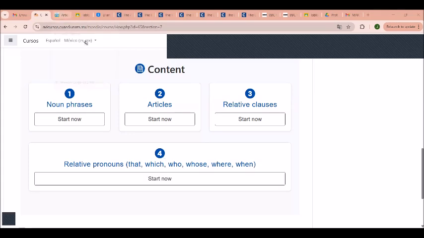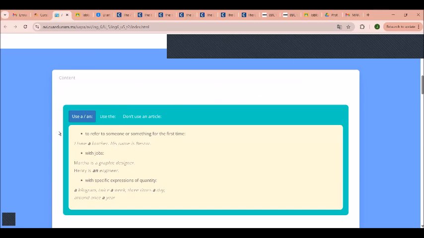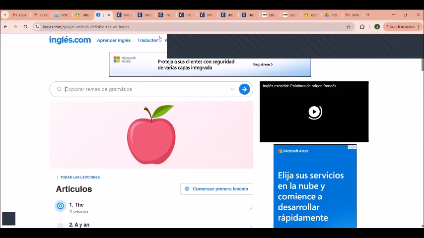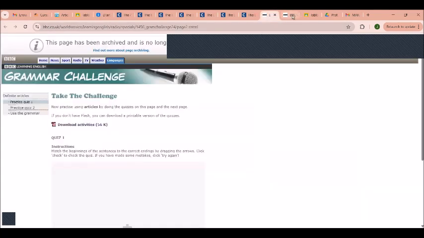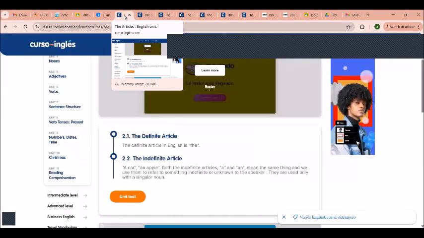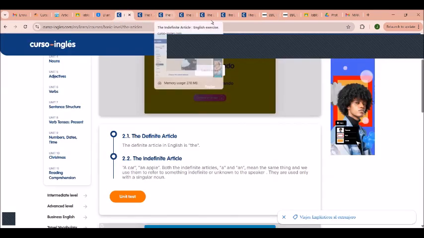We'll look at the indefinite and the definite articles and when to use them. Here on the platform, it does give you some rules, but we'll dive a little bit deeper. I'll share some guidelines and some games for you to practice with, and in our session, we're going to be using these as our practice.